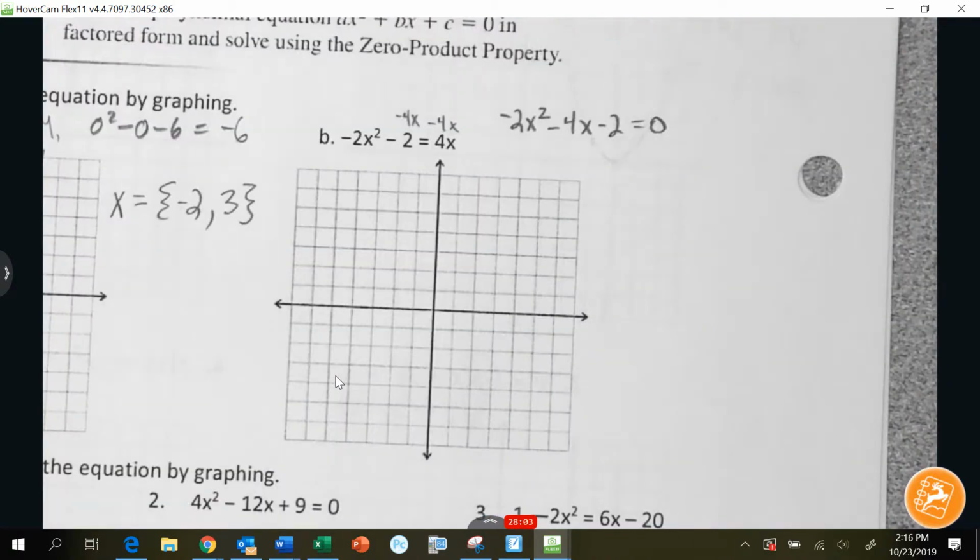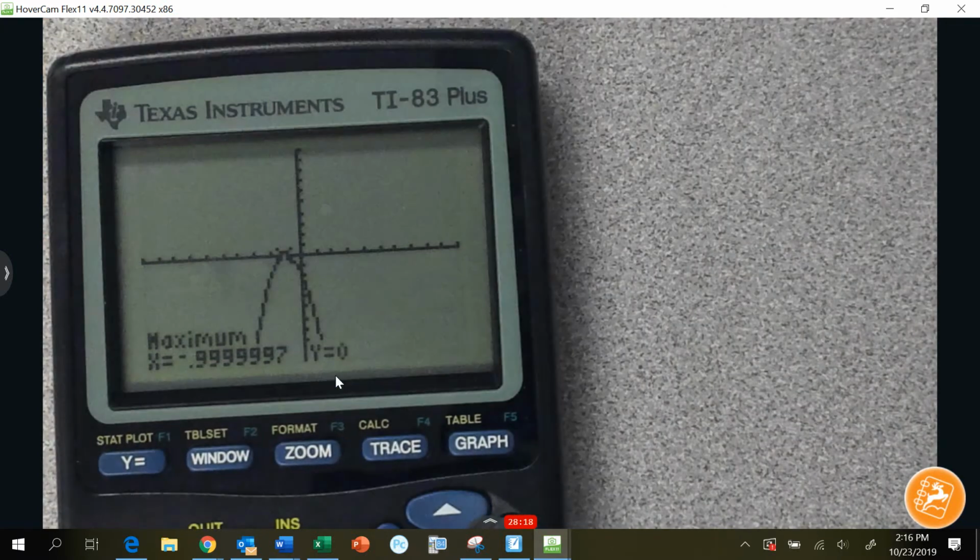It's negative point 0, negative point 99999. This happens occasionally. I don't know why. It has something to do with the pixels and how it's set up. Occasionally it'll give you a really close answer. This really is -1.